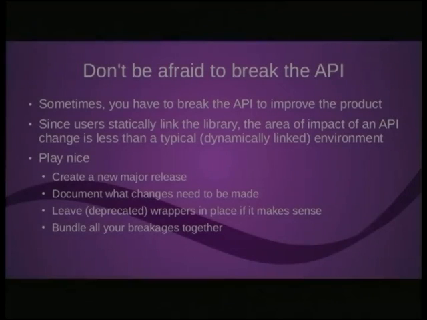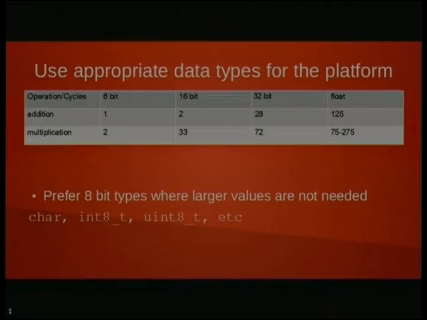All of the breakages are well documented, and where possible we try to leave wrappers in place so that old code still continues to work. With some of the refactoring that isn't always possible, but at least we group everything into a big bundle of breakages before we punish the users with all of those.